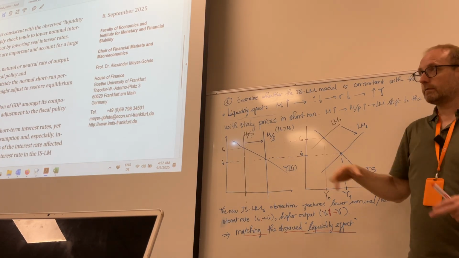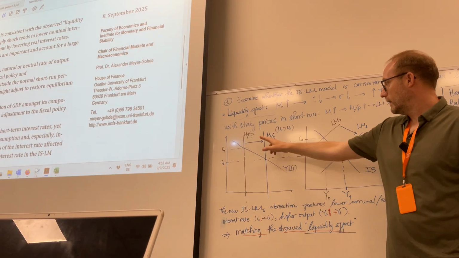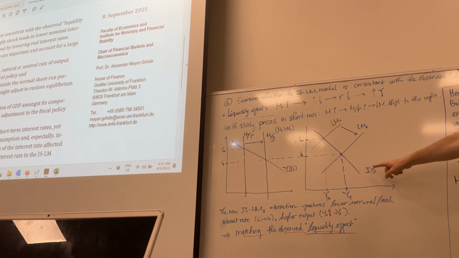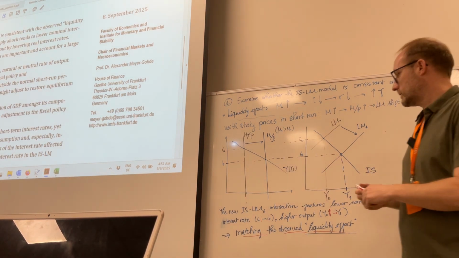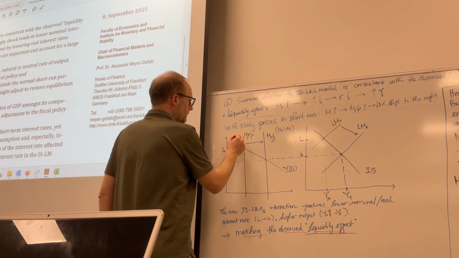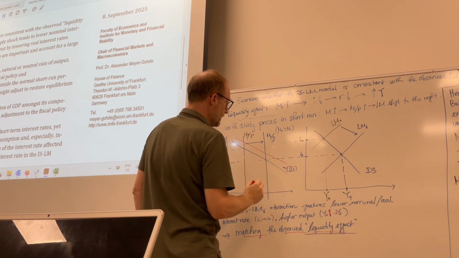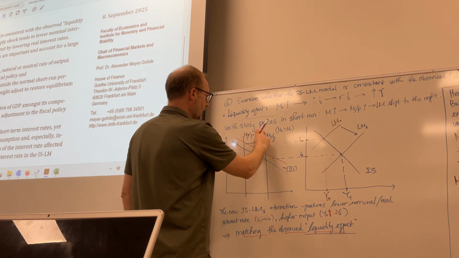You get the first, direct effect, the initial effect, and that's indeed that the interest rate goes down and output goes up. And now I would go back and say, well, wait a second. If output goes up, this means that money demand must have shifted. So I would add this in, for example.